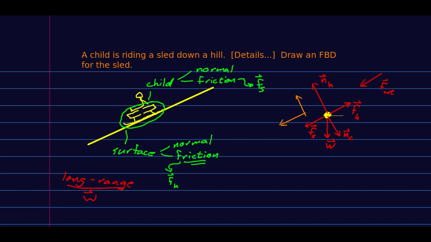But if you just look at this, almost all the vectors are tipped. And so if we put our axes tipped, we're only going to have to break the weight into components. All of these others point along an axis, whereas if I left them upright, we'd be breaking all of these into components, then the weight would be the only one we didn't. So it makes less work here to tip the axes.